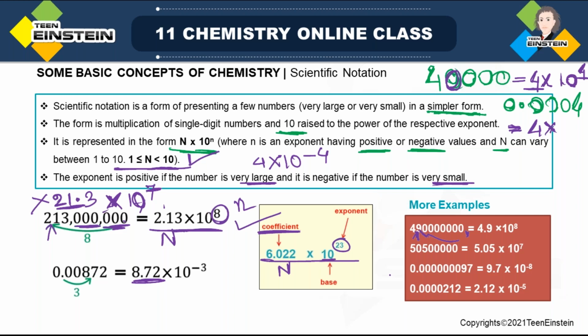Similarly, the second one, 5.05. So the decimal should be in this position, and you have moved 7 digits, so 10 to the power 7. Then the next two numbers are very, very low numbers. Here we will move towards the right hand side. So now you are moving towards the right hand side between 9 and 7.